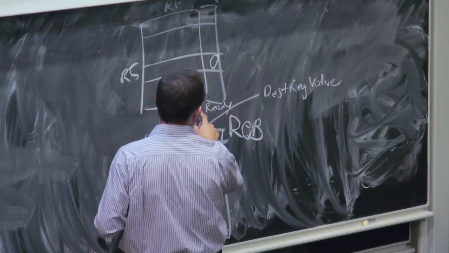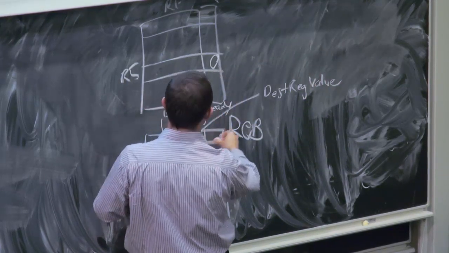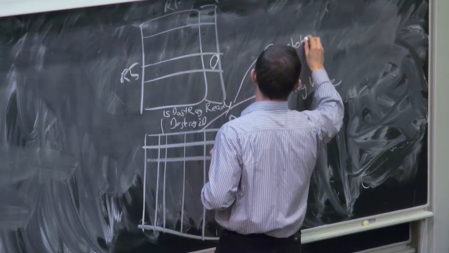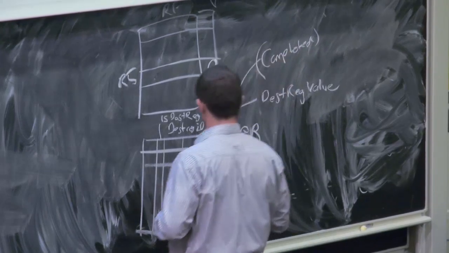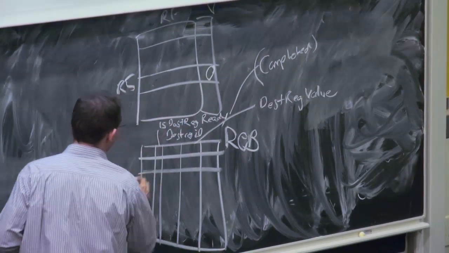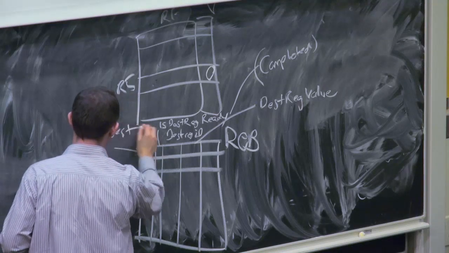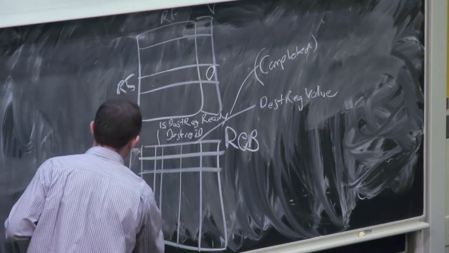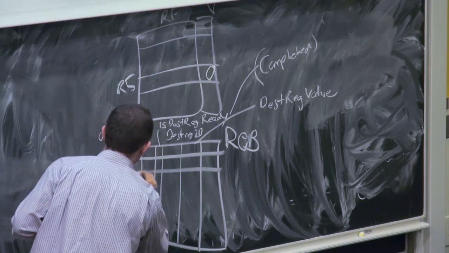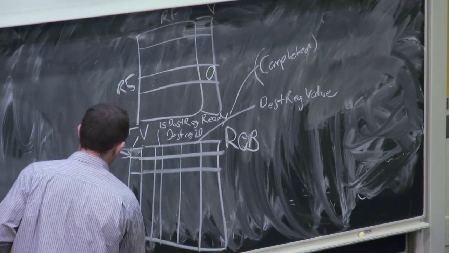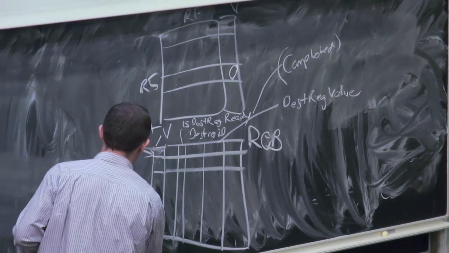This destination register ready is the same bit as completed that I've shown you here. Basically, has the instruction completed, finished execution and written its result into the reorder buffer. And we have this oldest. And we have a valid bit for each entry in the reorder buffer that says, is this entry in the reorder buffer valid? And we have the youngest.